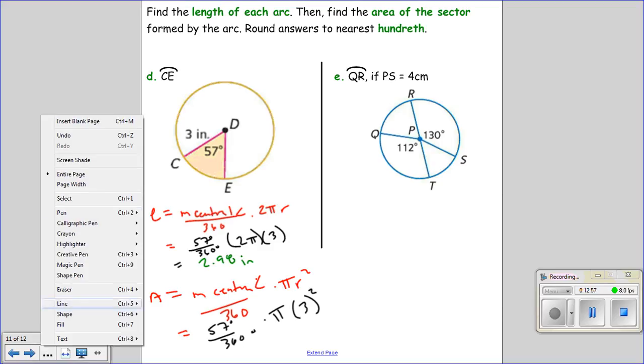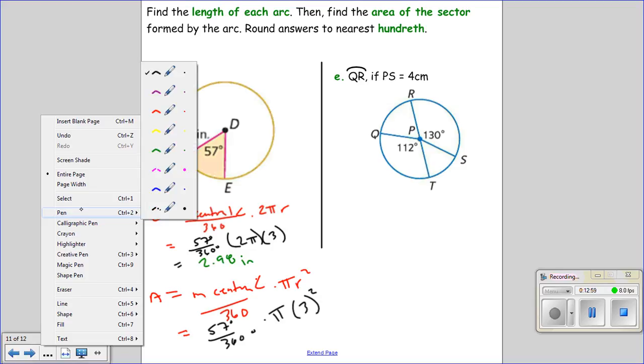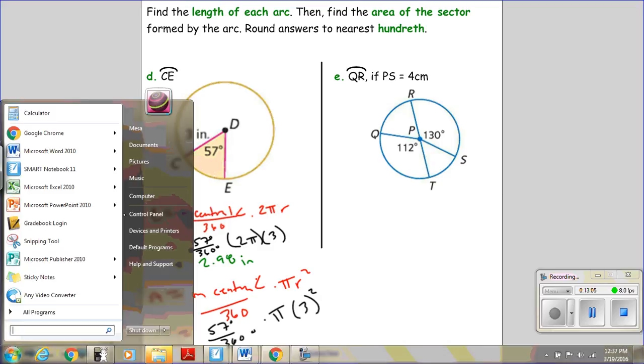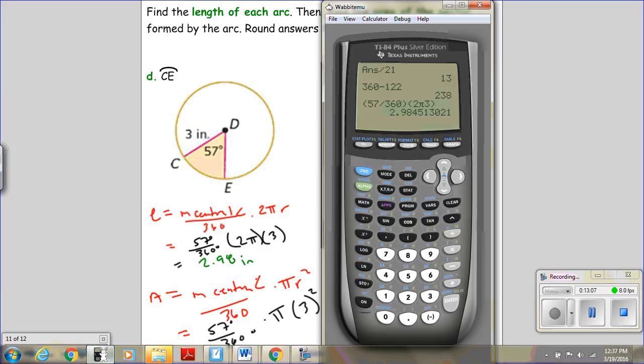So now we're going to grab the calculator. Again, so it's 57 divided by 360 times pi times 3 squared.